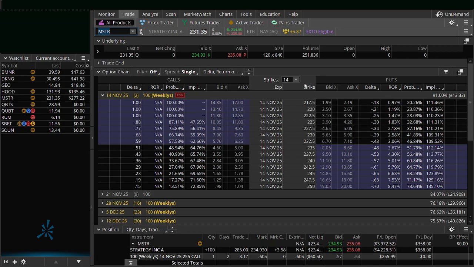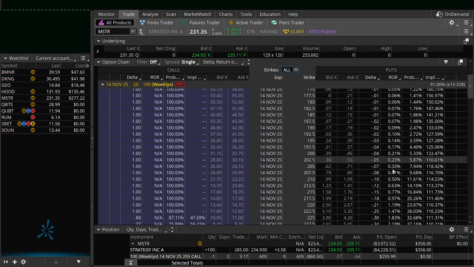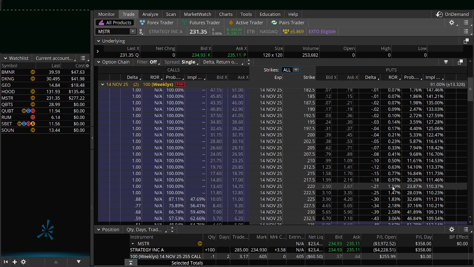I want to be able to look at this at a glance and see if it's right around where I need to be. What I've found is if it's between 1.2 to 1.3, it's actually pretty close to a 1%, give or take.